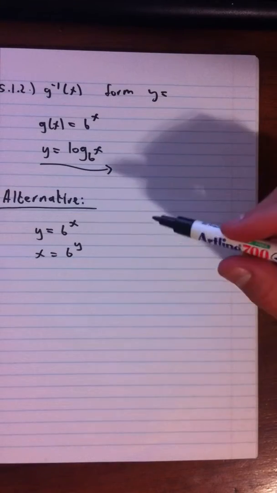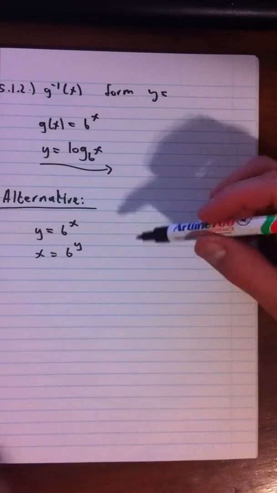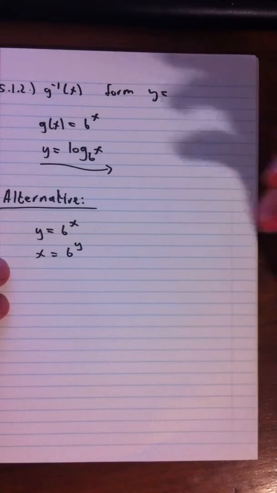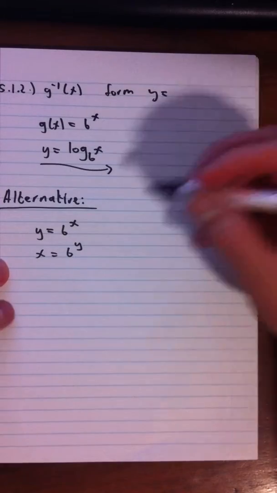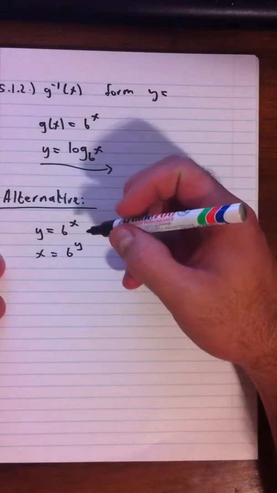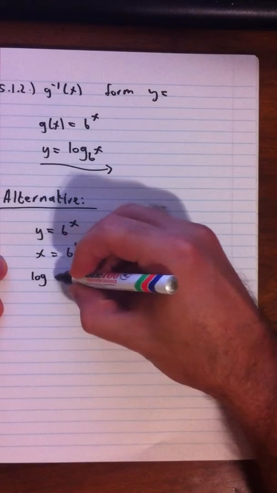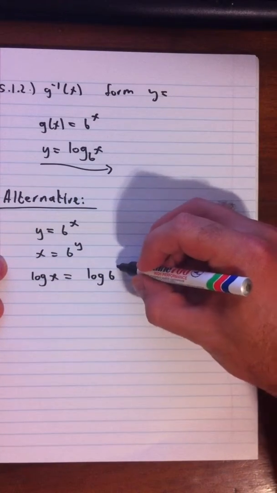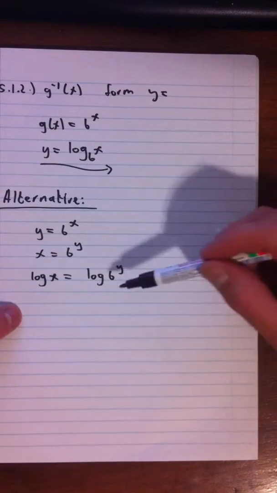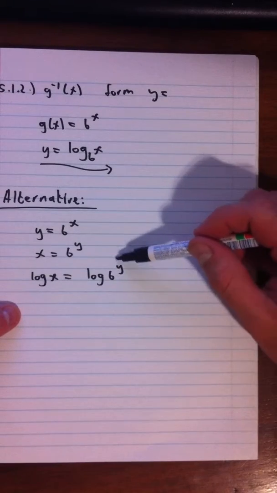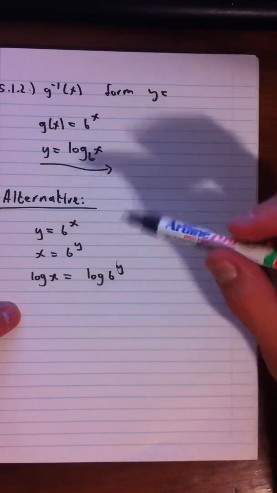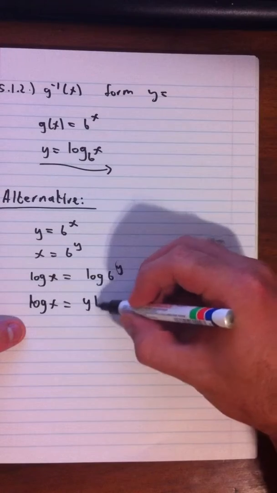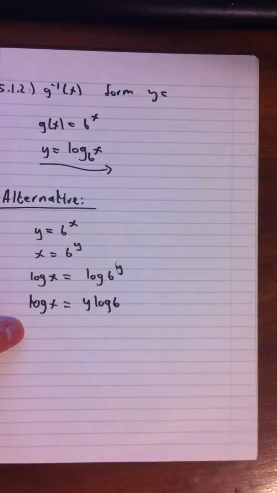Now you need to know the rules of logarithms for this, or you can just say log of both sides. I think that's actually an easier way, and you don't have to memorize any formulas. So log of x equals log of the right hand side as well. What do we know about log of something to a power? We can move that power to the front of the log. So log of x equals y log 6.